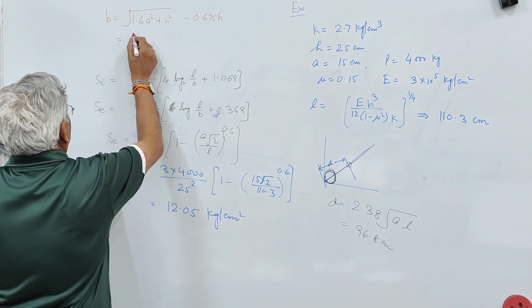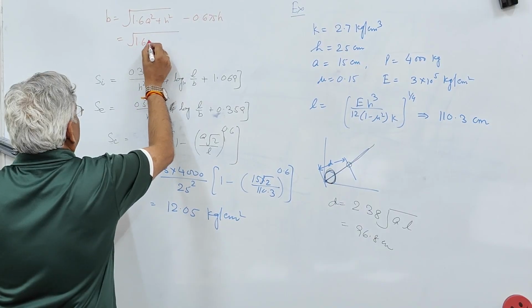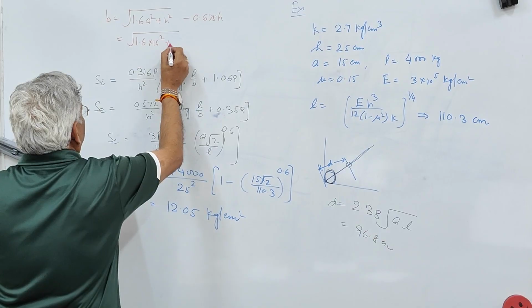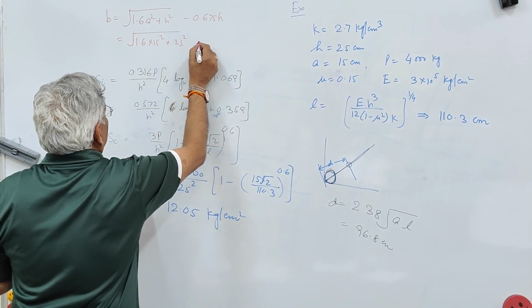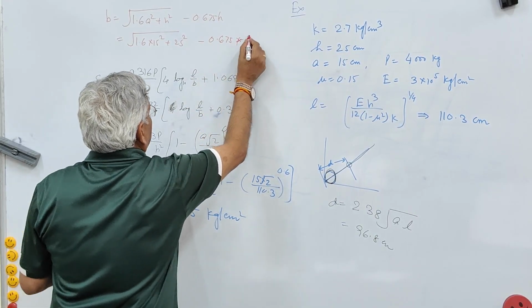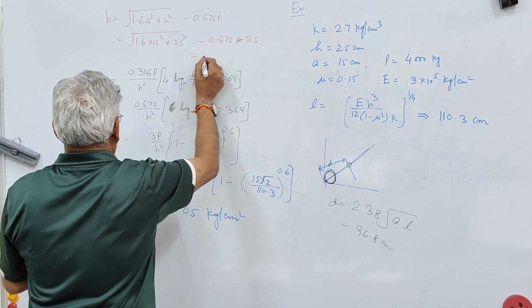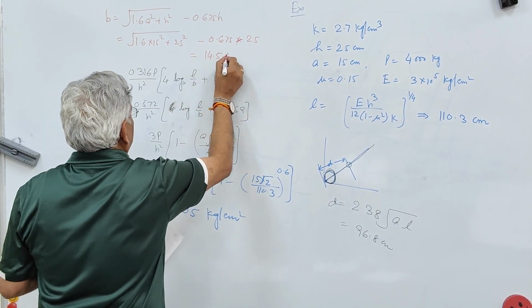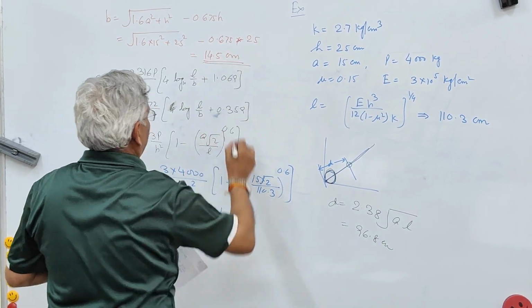This is square root of 1.6 into 15 square plus 25 square minus 0.675 into 25. This is 14.5 centimeter. That is the value of B.